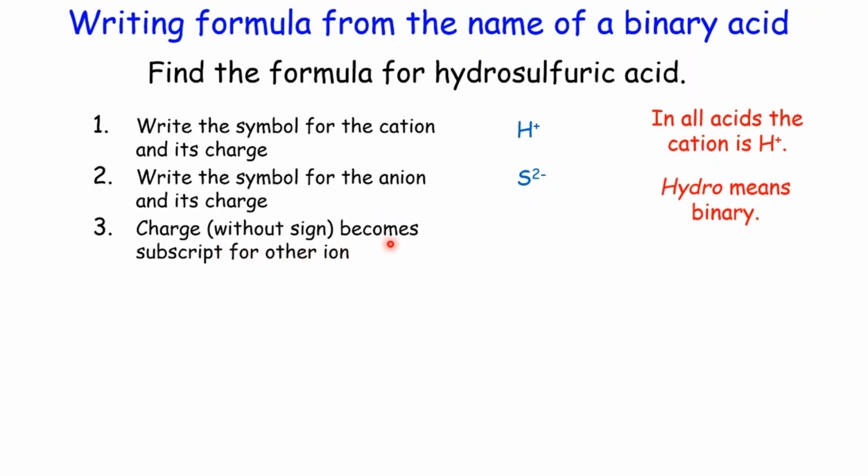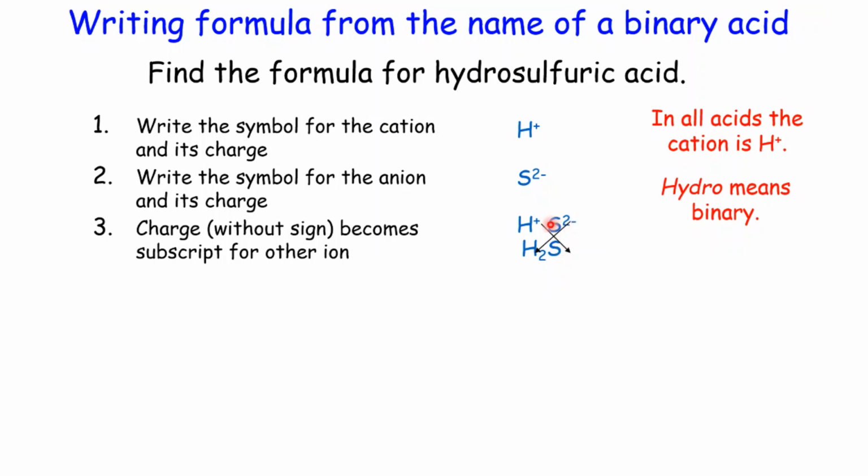Without the sign, plus or minus, the charge becomes the subscript for the other ion. What does it mean? You see, the charge for hydrogen is +1, therefore the subscript for S is 1. If it's 1, we don't write it down.